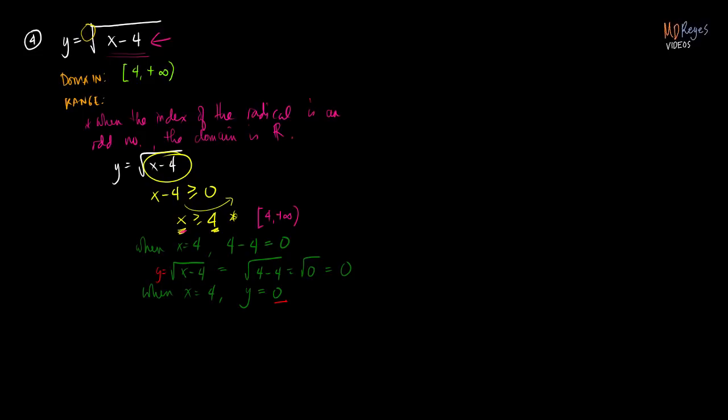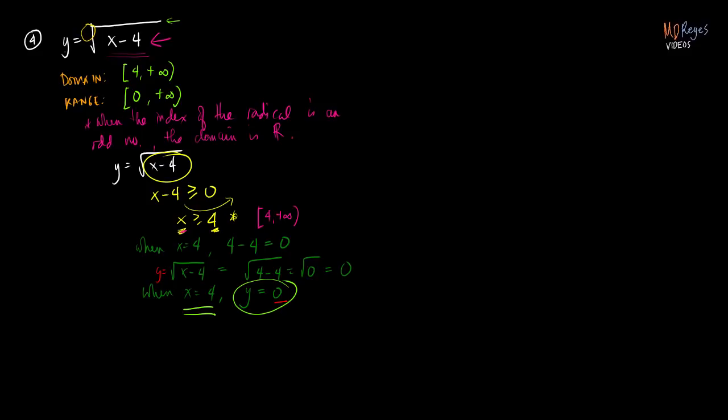Therefore, the range is from 0 to positive infinity, because y is equal to 0 whenever x is equal to 4, and it can be any positive number, because this is a square root. So the range is from 0 to positive infinity.